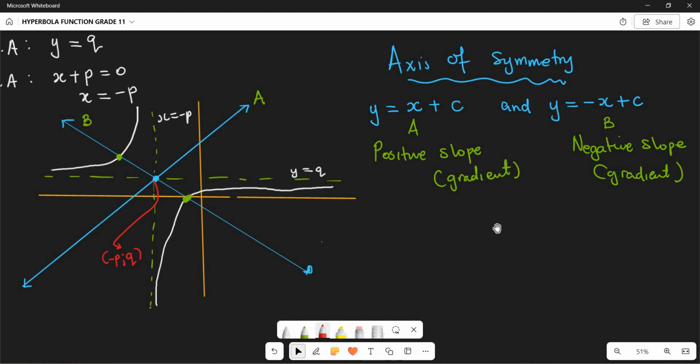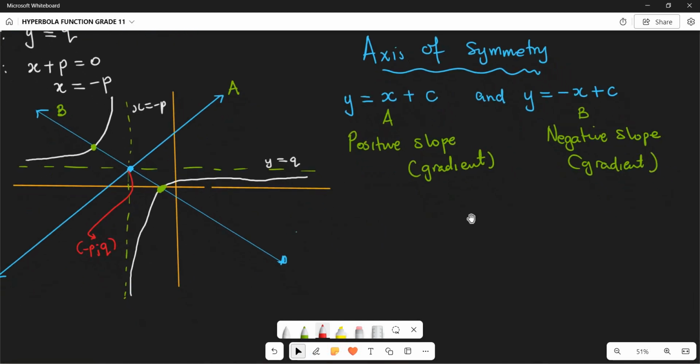Another way to look at this would be, let me first write, use negative P and Q. The negative P and Q are the x and y values coming from the equations of asymptotes.